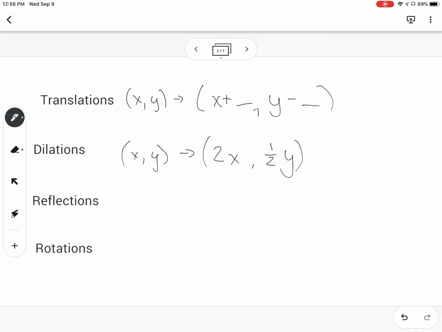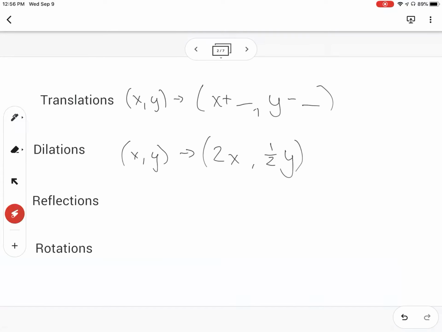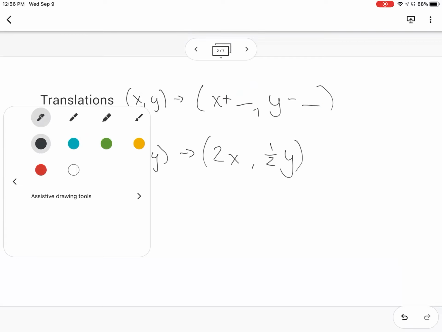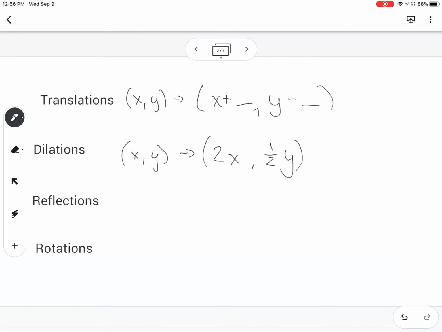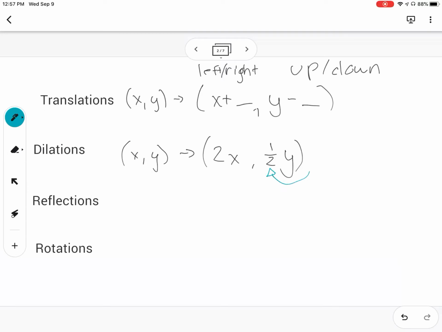I'll have a number in front of the x or the y. Right? So if it comes after the x or y, it's a translation. So you're either going to go up or down. So for y, you go up or down, x goes left and right. Dilation, you multiply by the number in front of the letter.